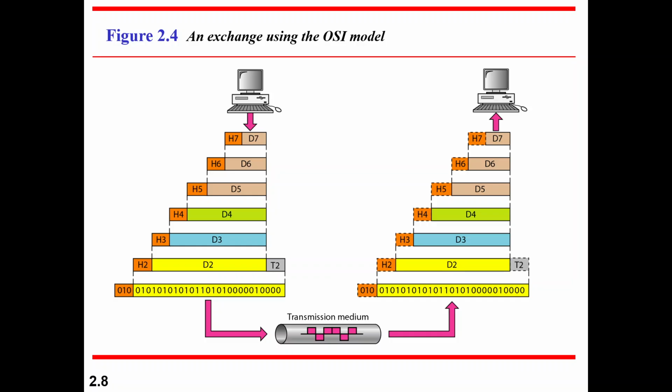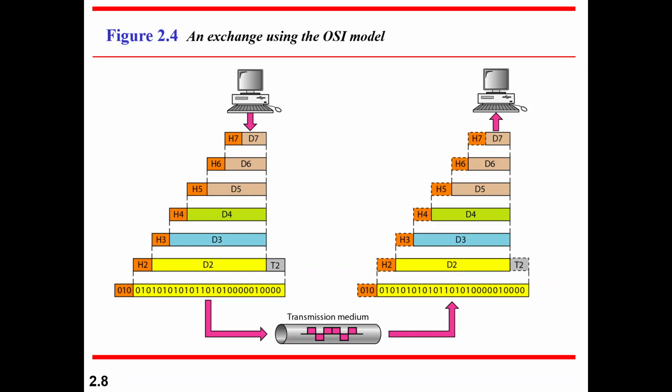The next concept is encapsulation. Figure 2.4 reveals another aspect of data communications in the OSI model, that is encapsulation. A packet, header and data at level 7, is encapsulated in a packet at level 6. The whole packet at level 6 is encapsulated in a packet at level 5, and so on.